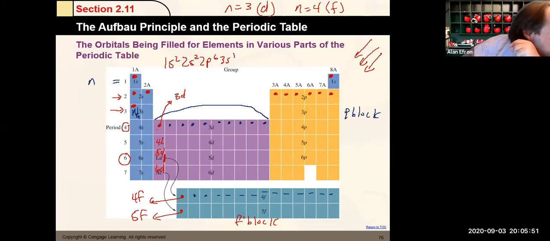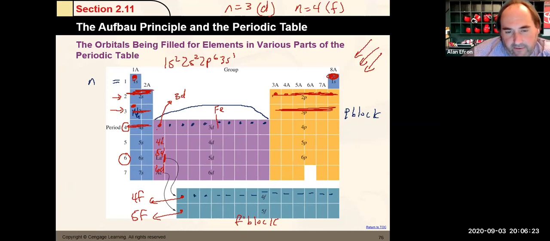So for example, just to show you how you could do it, if you did iron, which is right about here in this box, you could count it off again: 1s2 to here, 2s2 to here, 2p6 all the way across to there, 3s2, 3p6 to the end, 4s2, and now 3d here. 3d, 1, 2, 3, 4, 5, and 6.